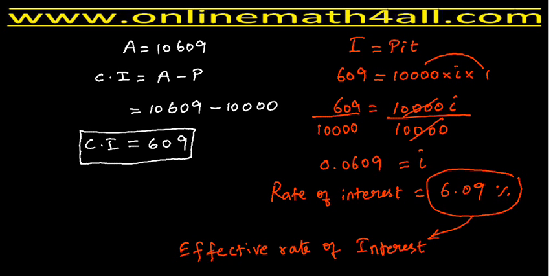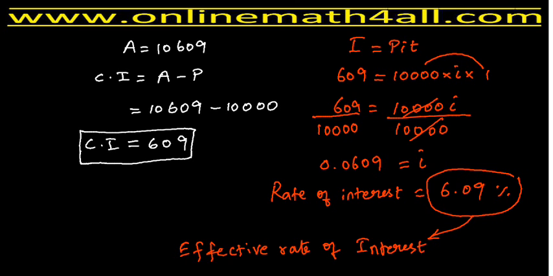So the effective rate of interest is nothing but the interest rate that we have in simple interest. I invest some money in compound interest, and I earn some interest for some rate of interest given in compound interest. I am going to invest the same money and I would like to have the same interest but in simple interest. What will be the rate of interest? That rate of interest is called the effective rate of interest.